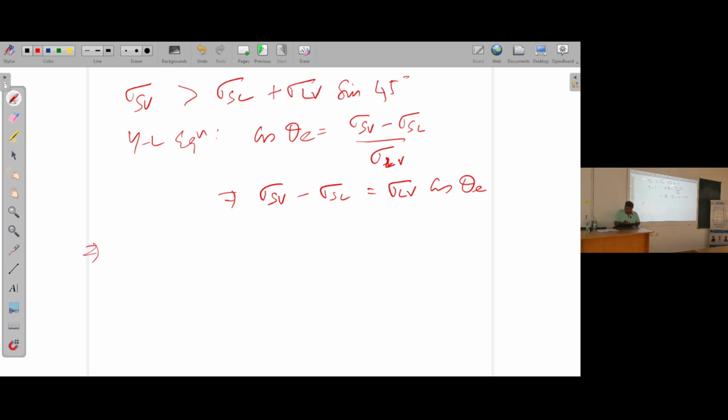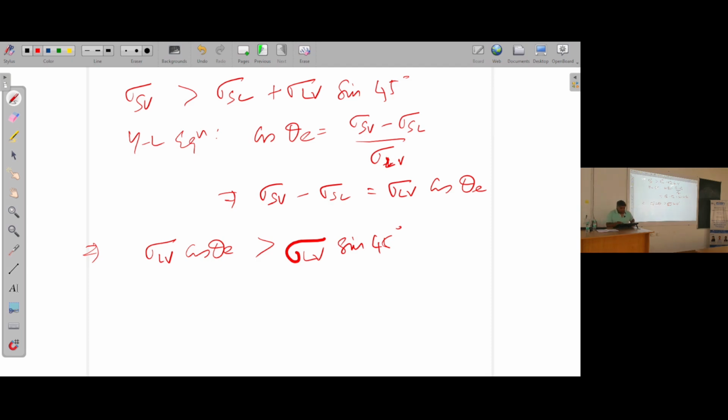So if I bring this to the other side, sigma SV minus sigma SL becomes sigma LV cos theta E, which should be greater than sigma LV sine 45.